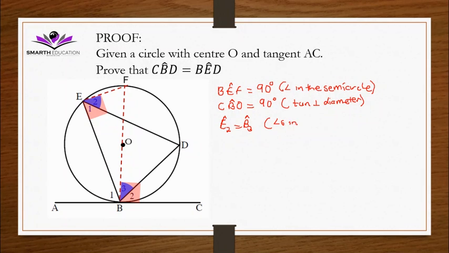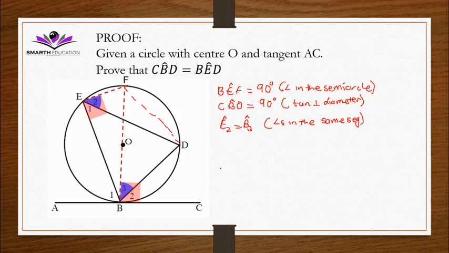Angles in the same segment. Okay, if you check, they are subtended by the same chord, or they're just subtended by the same arc. Right, same chord FD there. This is the chord that subtends angle E2 and angle B3.